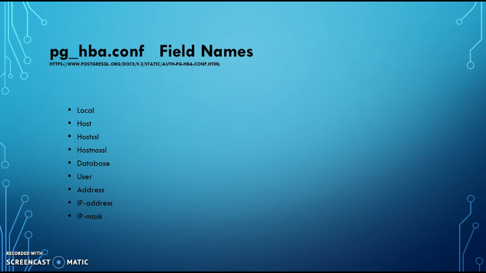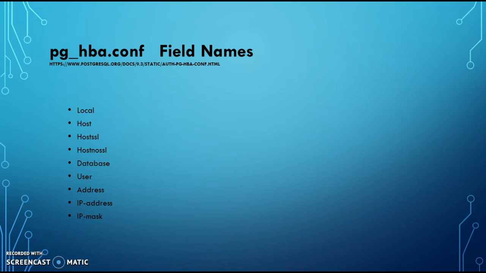Local for local machine, host, the name of a particular host. A host SSL, now we're talking about using SSL, which I alluded to before. Or host no SSL. Database would refer to the name of a database.